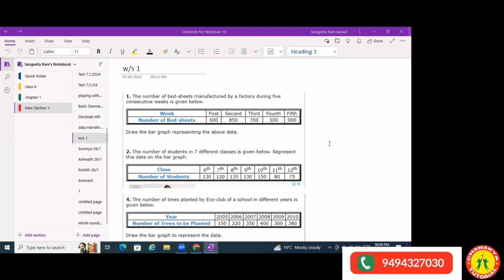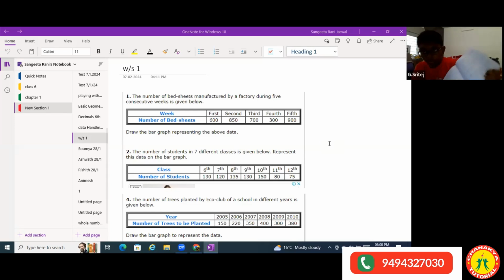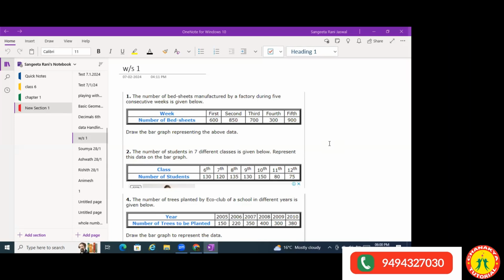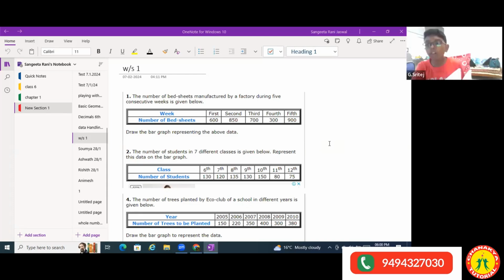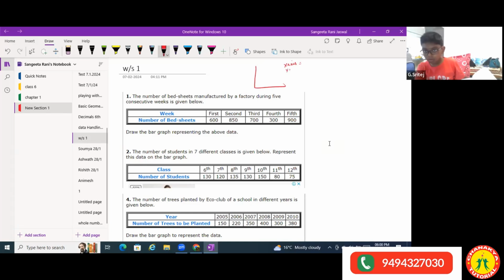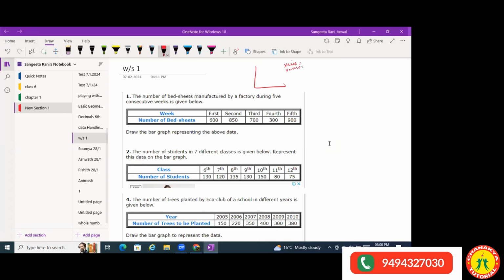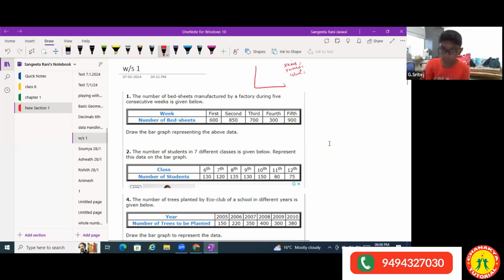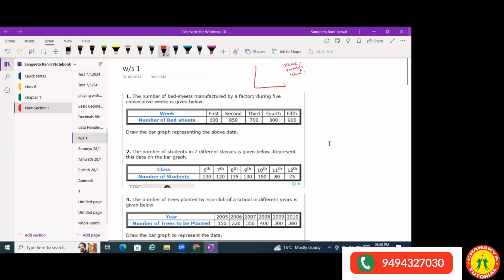Yesterday I told you, when you make a graph, either you write here or you write below this what you have taken on the x-axis, what you have taken on the y-axis, and how much is 1 unit you have taken. That is to be mentioned. So this thing is called scale. These are just the markings.